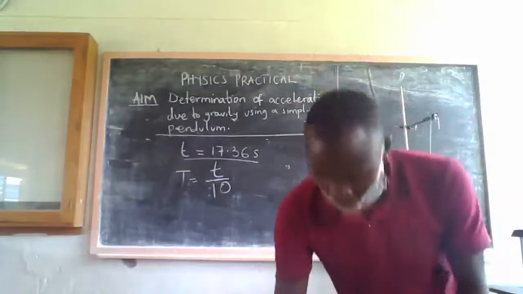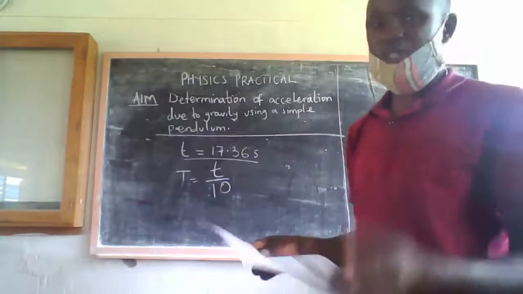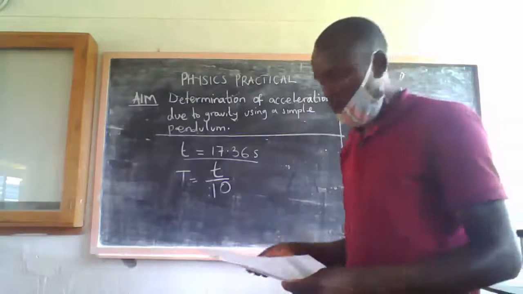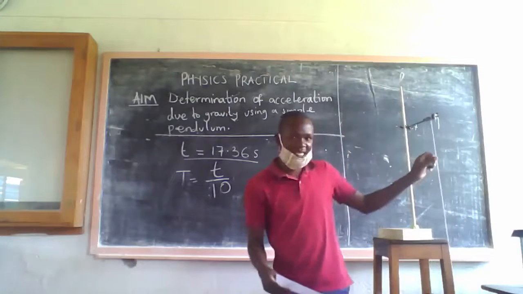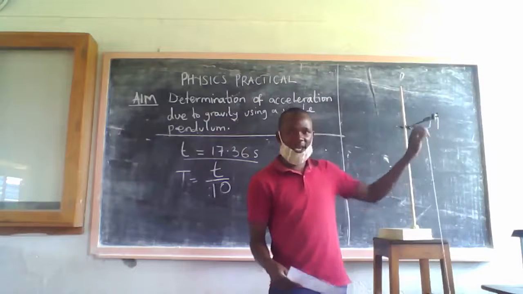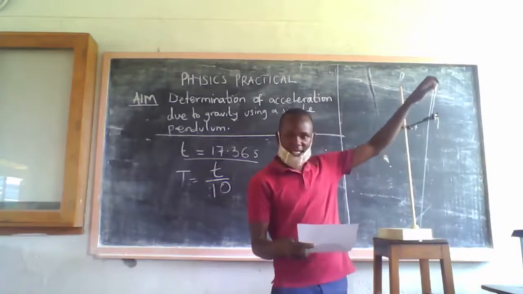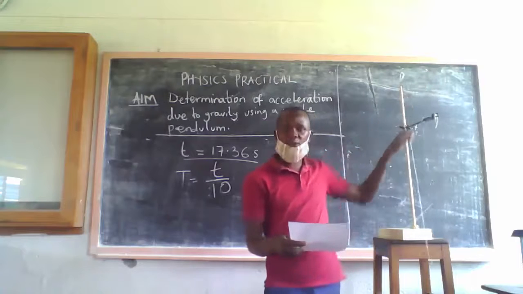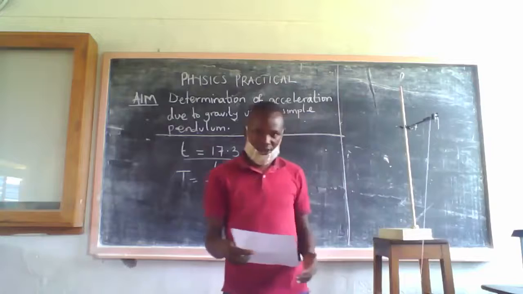After that, the next procedure tells us to repeat the procedures above using different lengths. So we shall have to adjust the length of the thread to 80, then 70, 60, 50, and then 40, as we take the time taken for 10 oscillations.